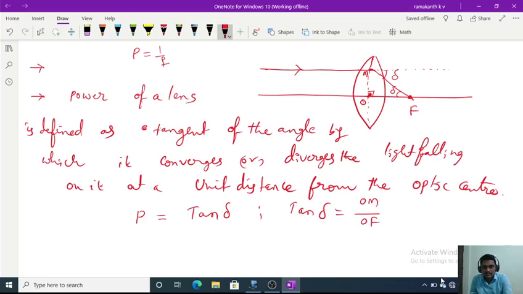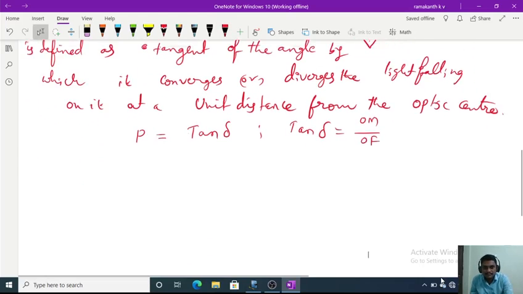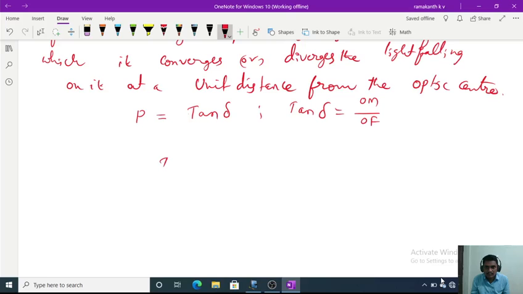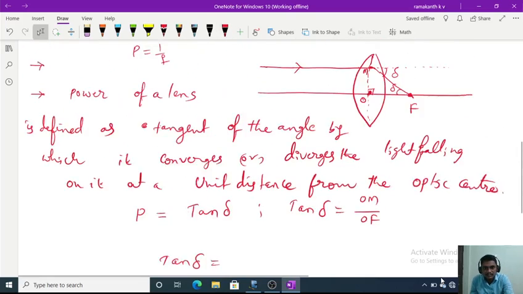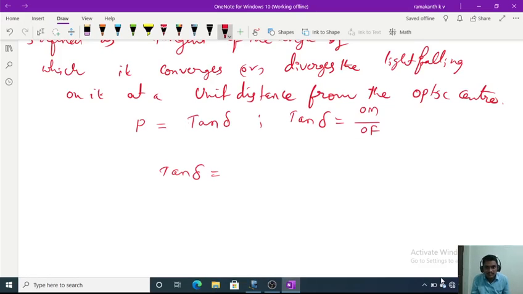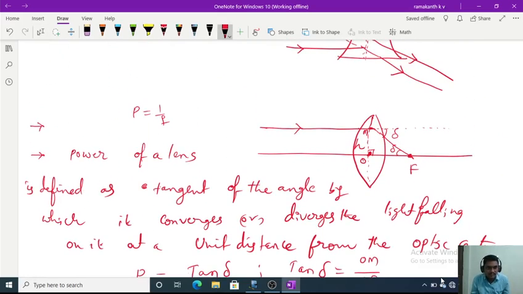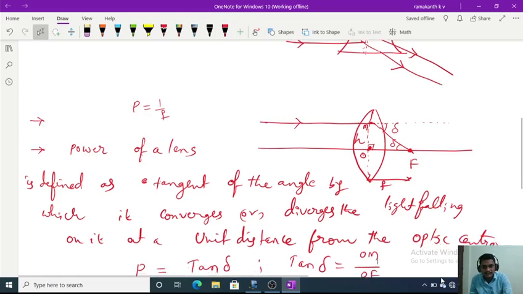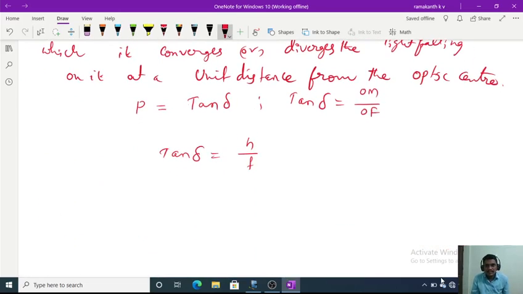OM is nothing but the height at which it is incident. So let H be the height of the light ray from the optic center, so we can write H by OF. OF is the distance between optic center and focus, the focal length of this lens.